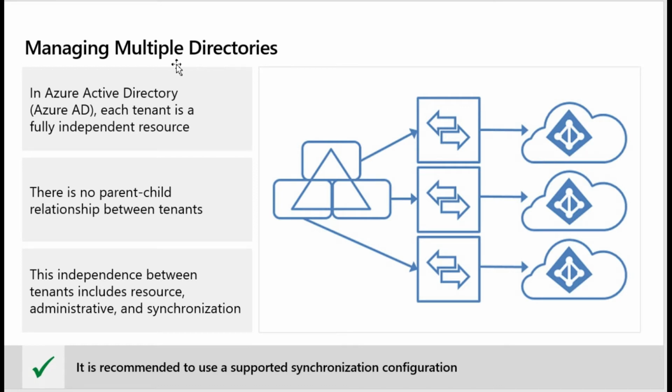Managing multiple directories: in Azure Active Directory, each tenant is a fully independent resource. That means a different name. Maybe you have two companies, so two different directory services you can manage as well. There's no parent-child relationship between tenants. This independence between tenants includes resource, administrative, and synchronization.